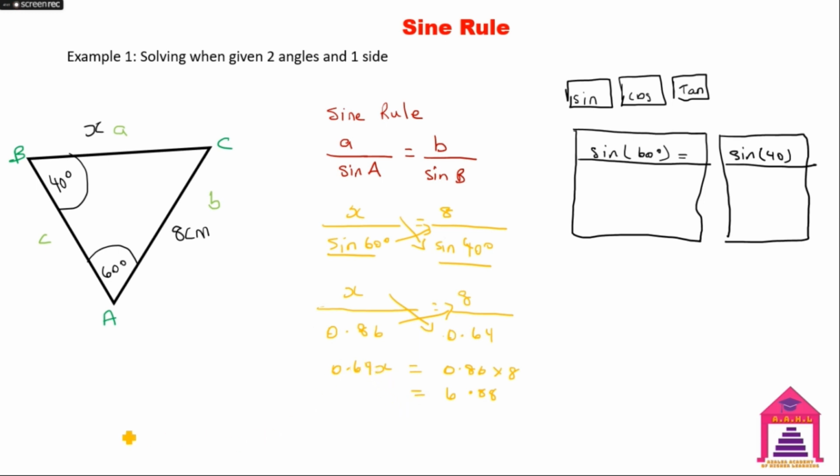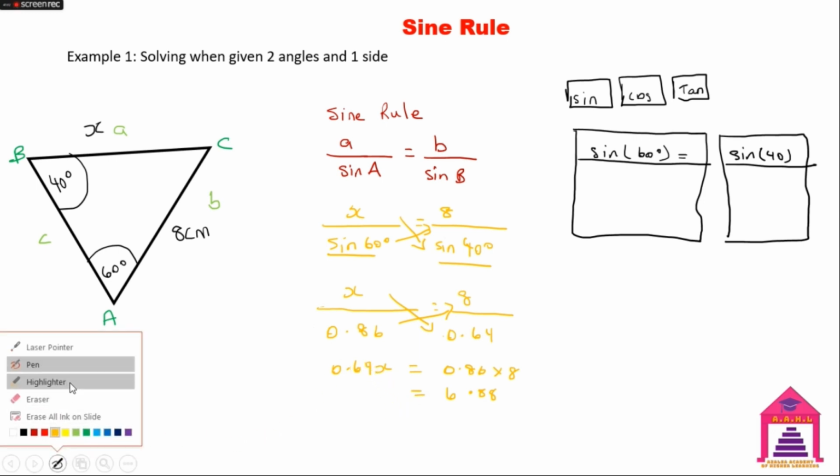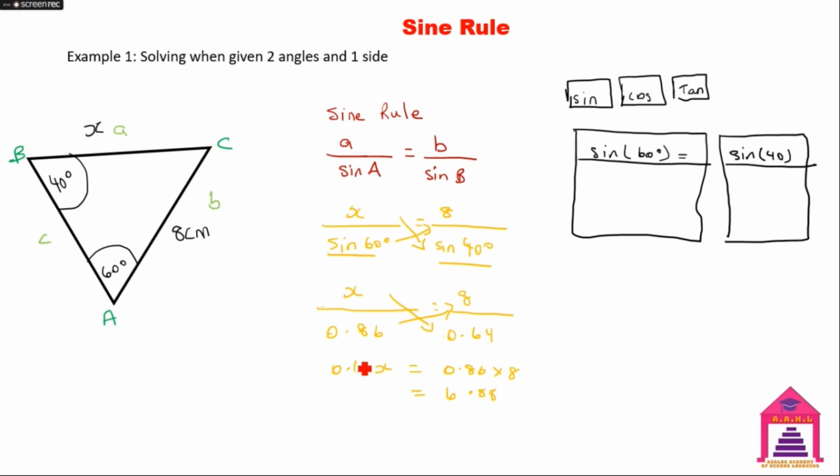Now, because we have x by itself, we're going to bring this across. But because this is multiplied by x, when we bring it across we have to divide by 0.64.